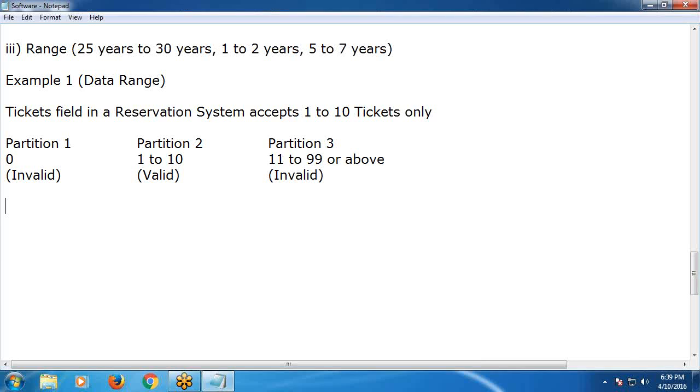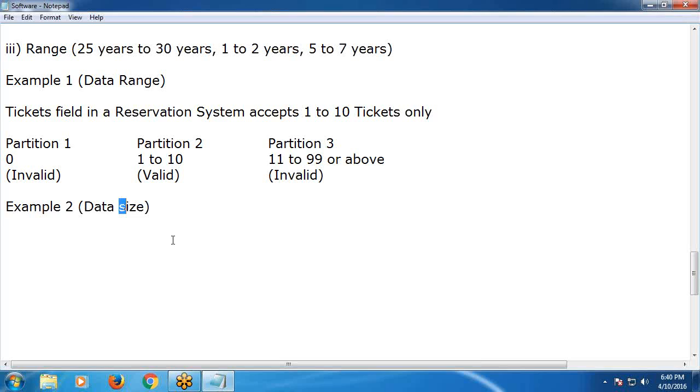Next, example 2. This time, data size. Focus on data size. Sometimes we need to focus on one or more factors.